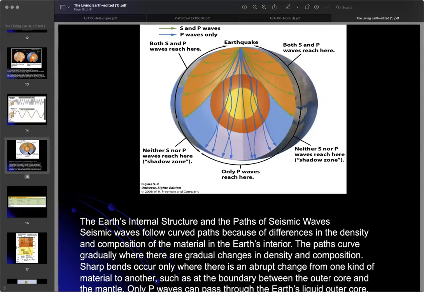So whenever there is an earthquake, both S and P waves are produced, and both S and P waves can go through the solid and the surface. However, it has been noted that both S and P waves are detected in a large area around where the earthquake originated, and then directly opposite to where the earthquake originated, there the P waves are detected, but no S waves.